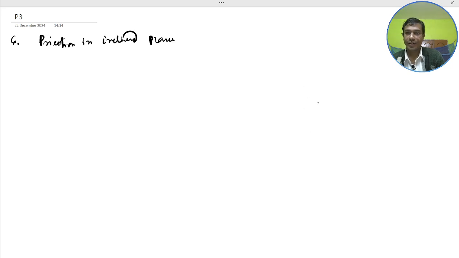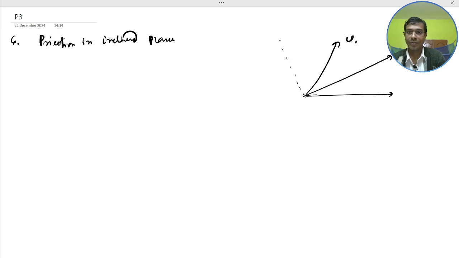So for that, this is a motion, this is the V naught, and this is the R. So this angle is alpha, this is beta, and this is alpha minus beta.